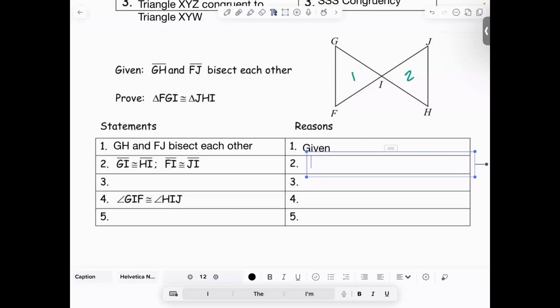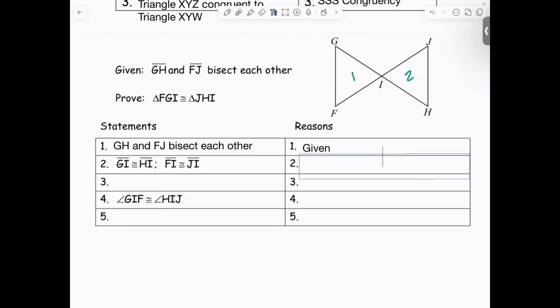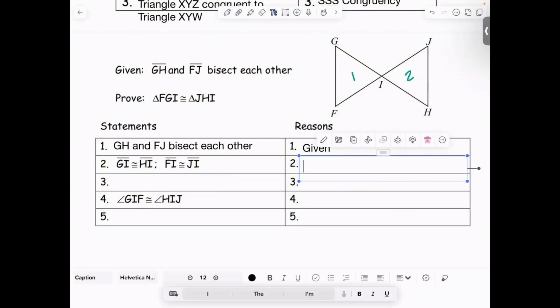We have, again, bisectors here. This would be a segment bisector. And we know by definition that segment bisectors cut the segment into 2 equal parts. They're congruent. So I think we can use the definition here.